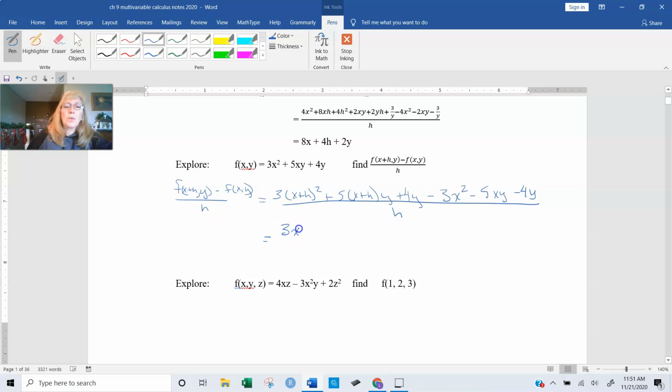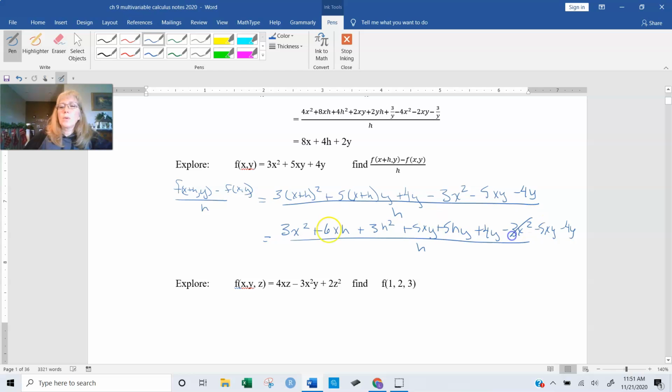So you should have 3x squared plus 6xh plus 3h squared plus 5x plus 5h. Don't forget your y's with both of those. Plus your 4y minus the 3x squared minus the 5xy minus the 4y. Still all divided by h.